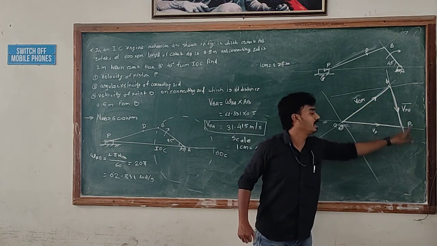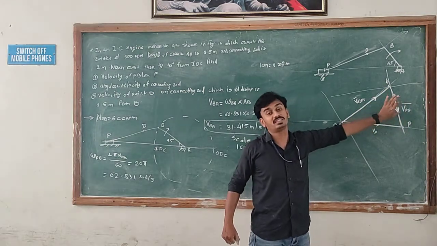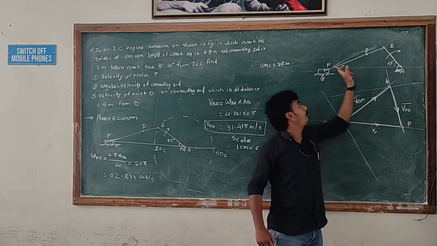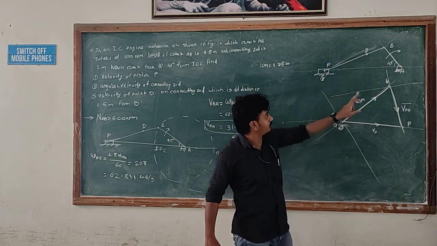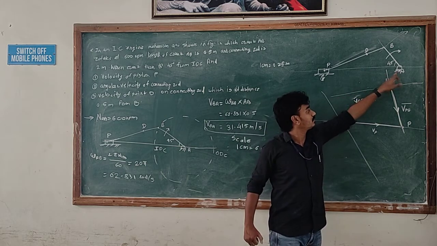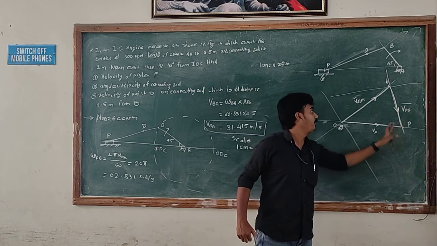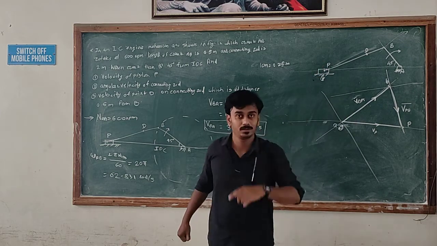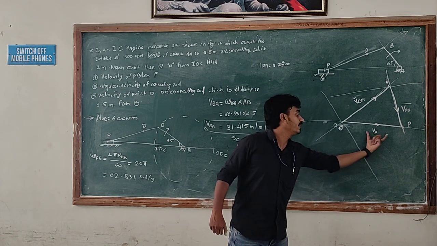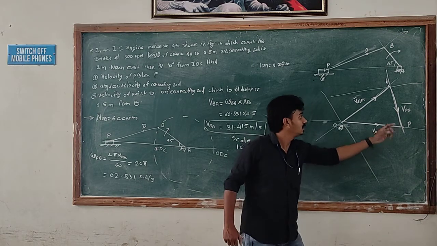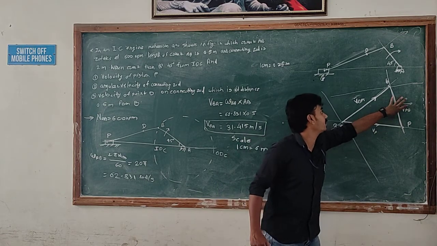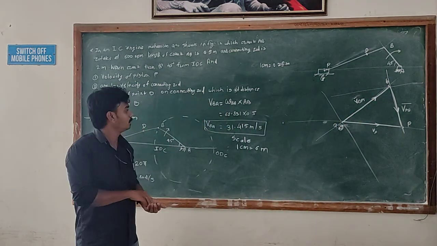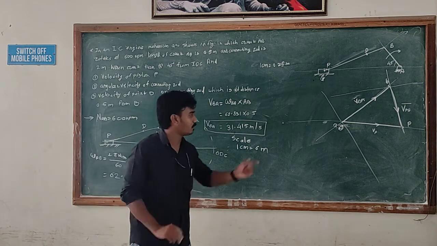This vector BP will show the linear velocity of the link BP, and this AP will show the linear velocity of the slider. This will show the linear velocity of the connecting rod, and this will show the linear velocity of the crank. Okay, so this is our velocity diagram.